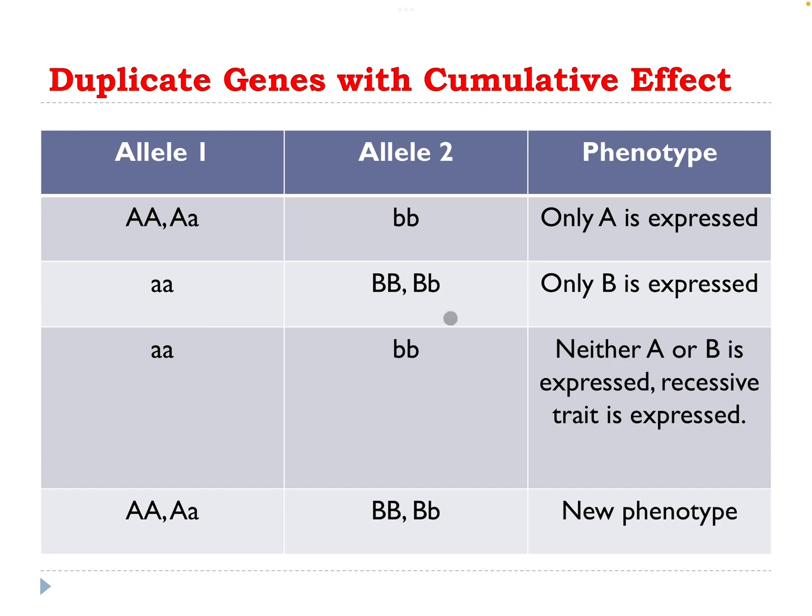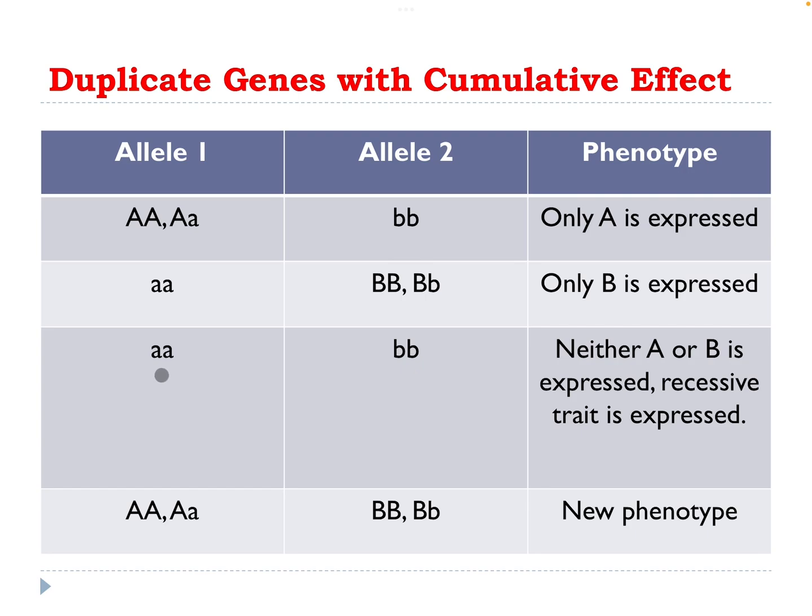In here, the presence of the dominant A, you will only express the A phenotype. The presence of dominant B, either homozygous or heterozygous, you will only produce the B phenotype.